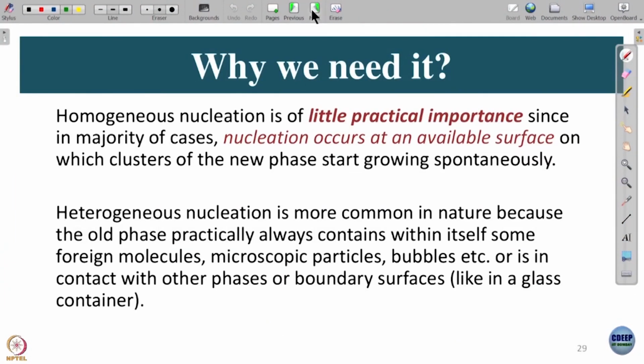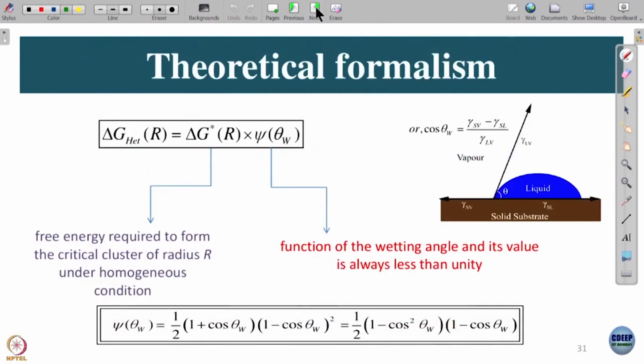of heterogeneous nucleation, and heterogeneous nucleation is described like that. You are on a surface.